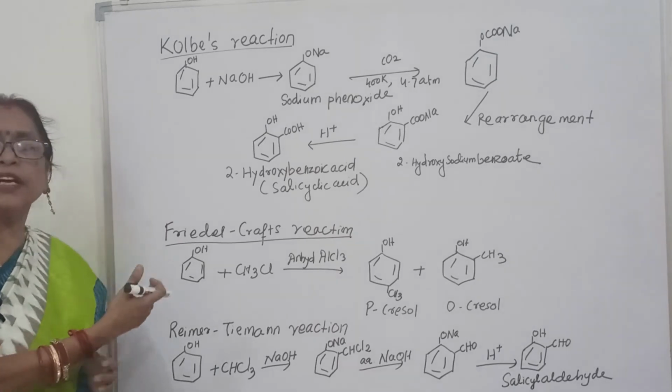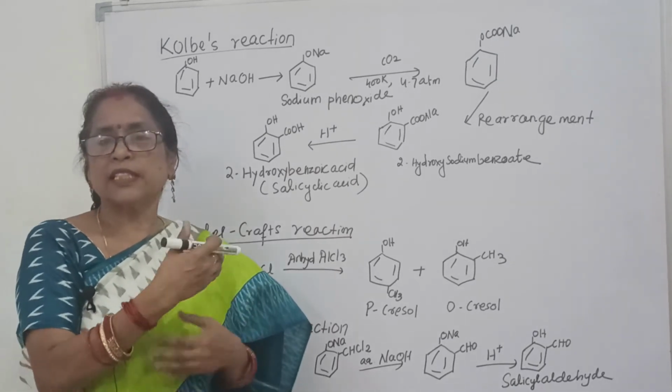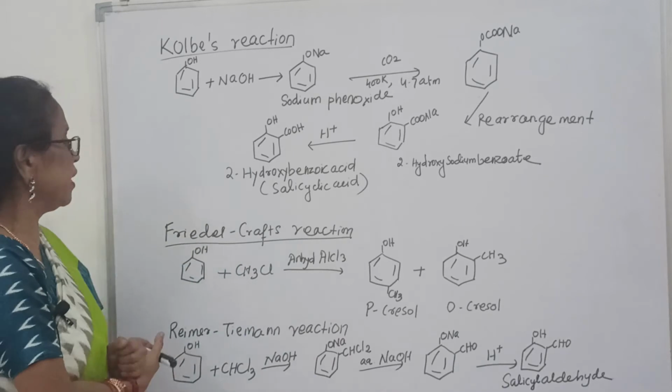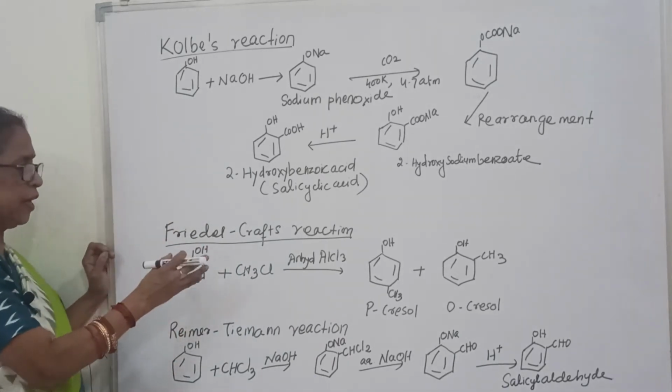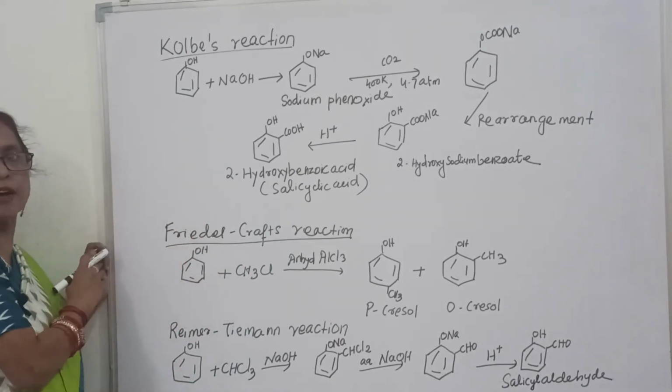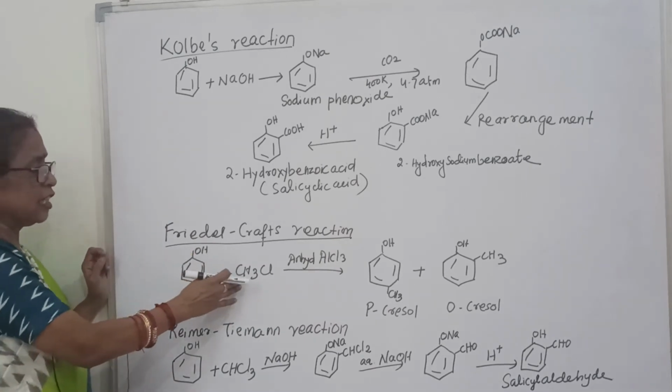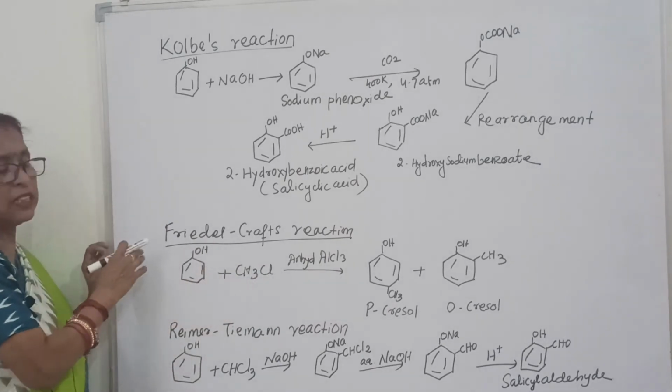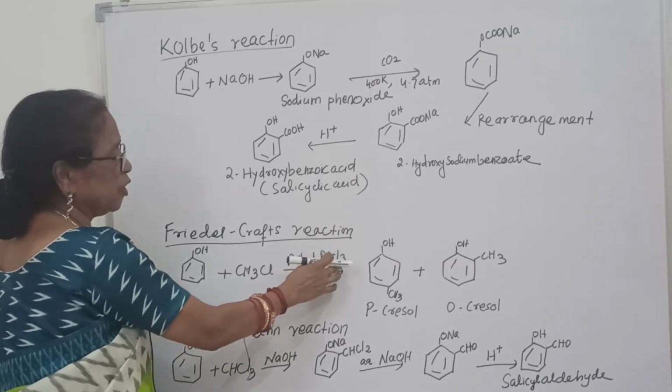Then come to Friedel-Crafts reaction. Here also this is according to the scientist's name, and you simply know what Friedel-Crafts reaction is: alkyl halide in presence of anhydrous aluminum chloride.